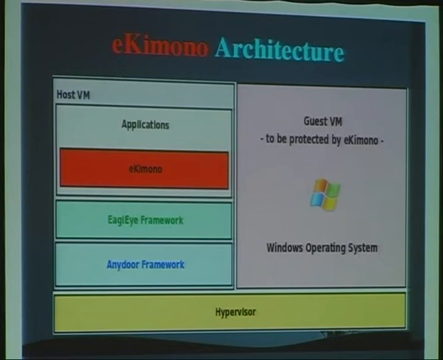And eKimono is built on top of that, and it can access all the objects inside the guest virtual machine, and it can process the information and perform any action, for example, scanning the memory to detect malware inside the guest virtual machine.